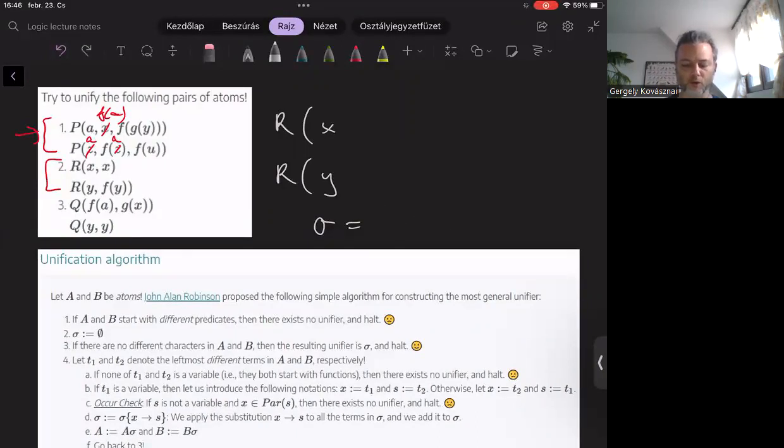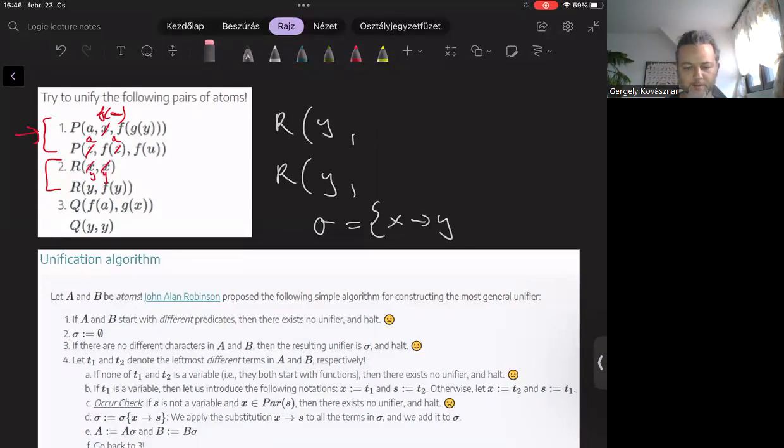It's up to you which one you choose. I'm choosing substituting Y into X this time. Therefore, those two terms become the same, and we can keep going. Actually, you have to substitute Y into every occurrence of X.